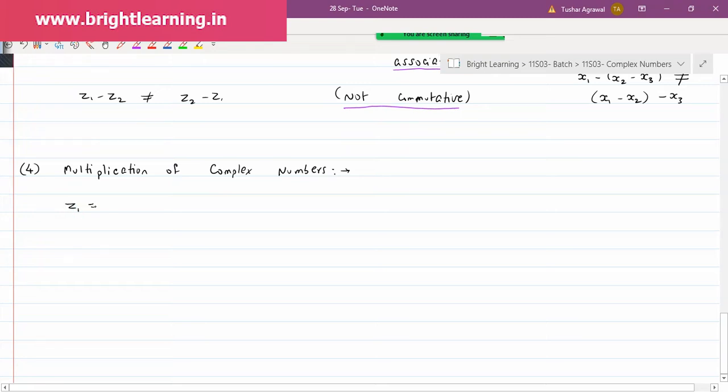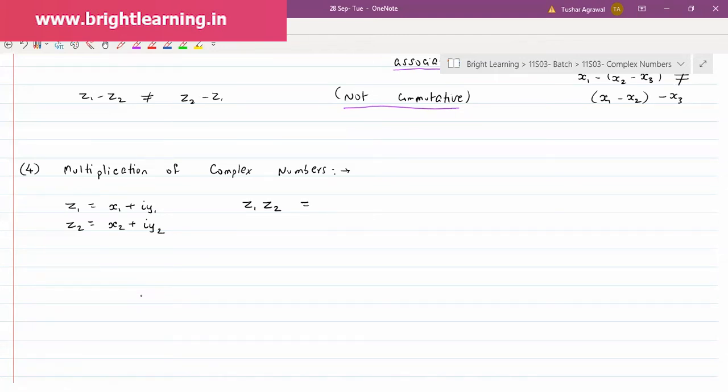Z1 is equal to x1 plus I times y1 and Z2 is equal to x2 plus I times y2. So Z1 into Z2 is equal to... Now you may define it whatever way you like. I have already told you, whenever you're defining a new concept, you can define multiplication and division in whatever way you want.